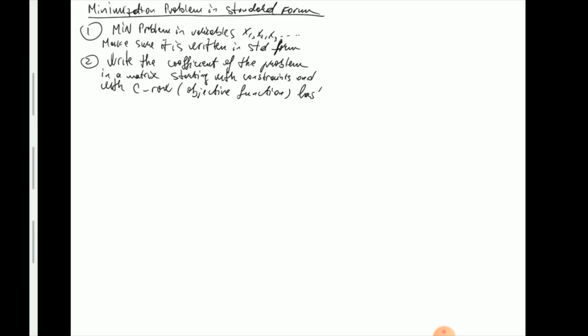Last, transpose this matrix. That means you interchange rows and columns.